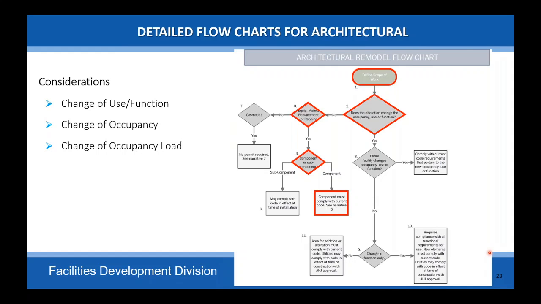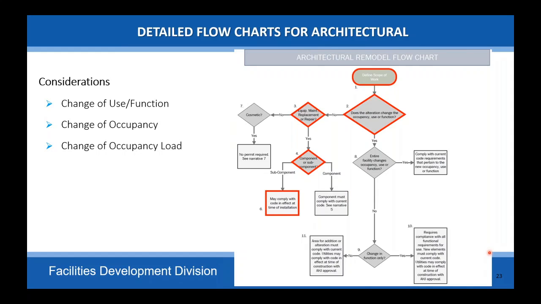If it is the whole component, the component must comply with current code. Again, the new unit going on has to meet the requirements for current code. The anchorage has to meet the requirements for current code. But again, you don't have to take anything downstream of that. That's the scope of your project.